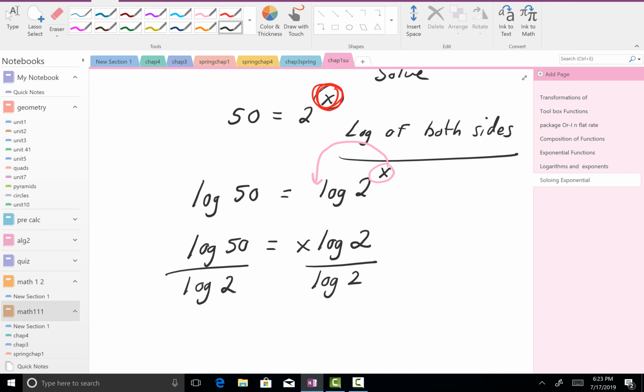So when your variable is in your exponent or your power, that's when you want to use this technique. Again, you can use the definition of a logarithm on it too and get the answer, like we were doing before. So it doesn't make any difference. You just got to pick what you want to do. I'm not going to say how to do it. I just want you to do it.